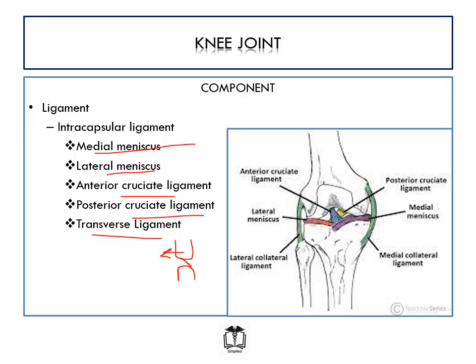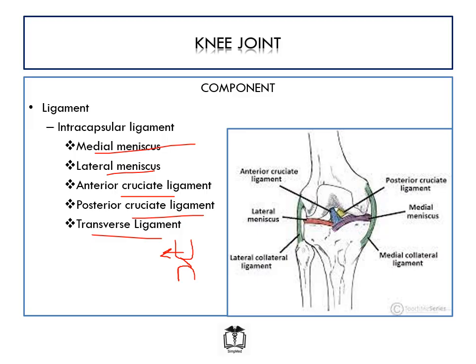The posterior cruciate ligament is stronger compared to the anterior cruciate ligament. It's the ligament in yellow. It also runs from the femur to the tibia. It tends to be tighter or stronger when the knee is flexed. It tends to be lax when the knee is extended. And in terms of its function, this is in contrast to what we see for the anterior cruciate.